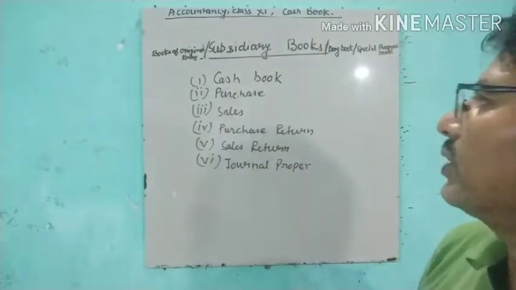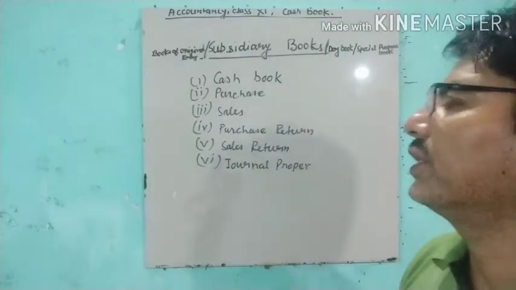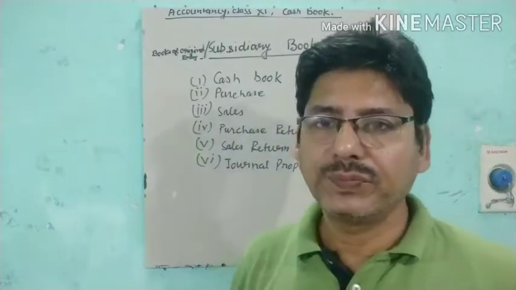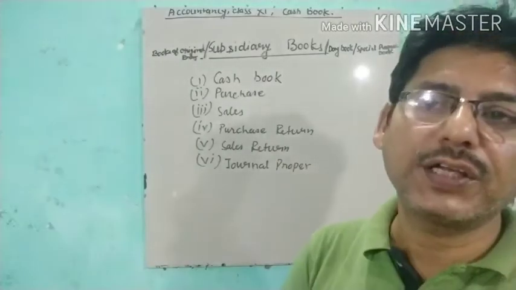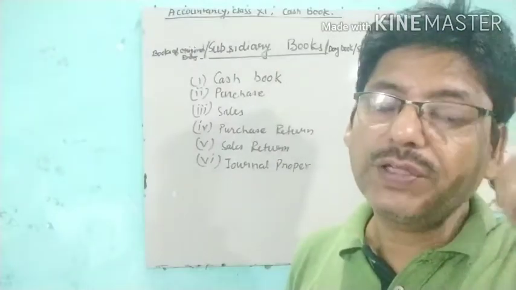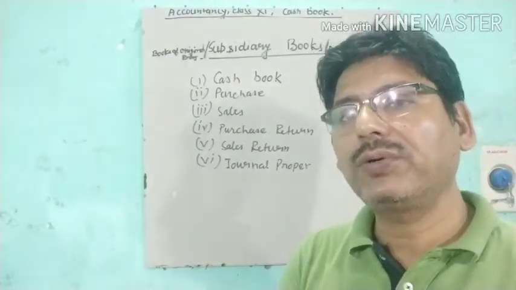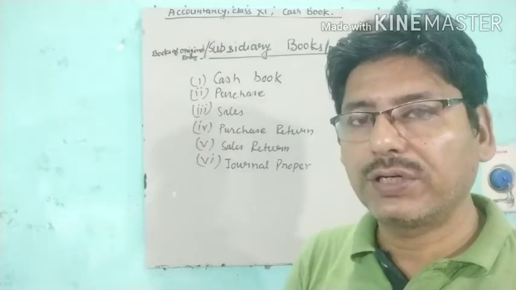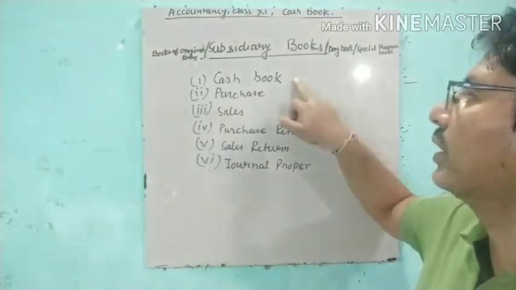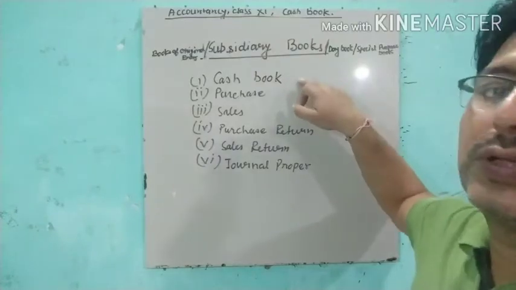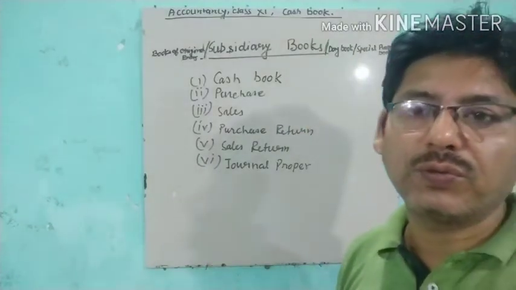Okay, so number one is the cash book, which we are going to study now. The cash book is the book in which transactions related to cash are recorded, meaning how much cash is coming into the business and how much cash is going out of the business.